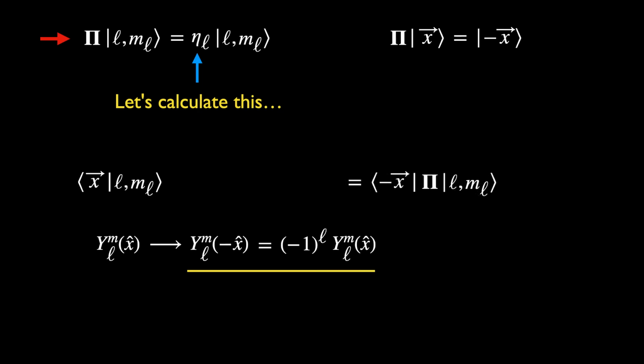Using the result below, the expression underlined in blue can be written as follows, because the effect of adding a minus sign to x can be negated by the multiplication of -1 to the power of L. This is a property of angular momentum wave functions.